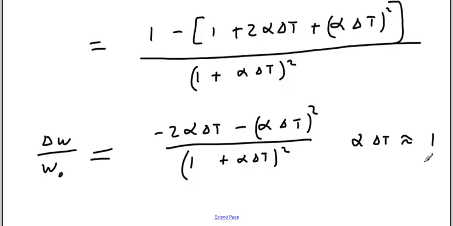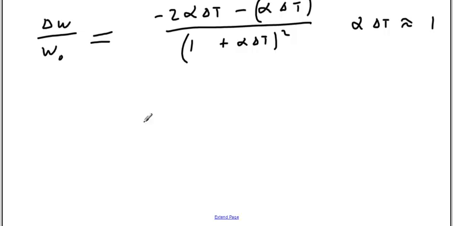And if we do that, we're going to end up with the change in omega naught as being minus 2 alpha delta t.